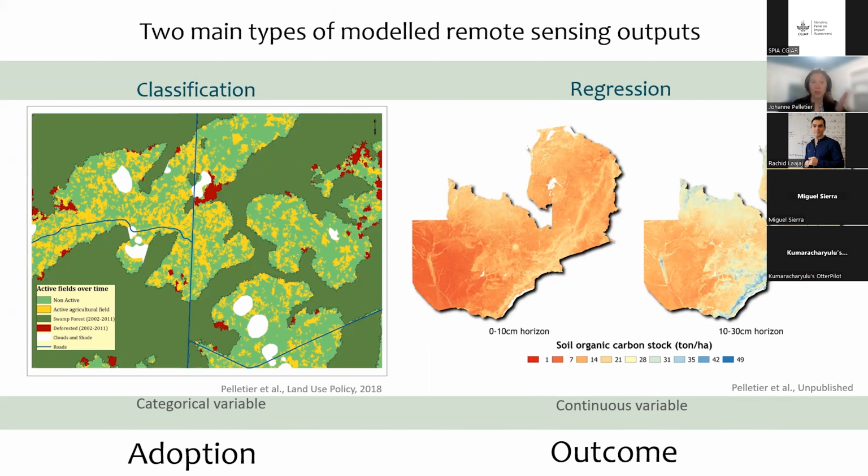You will use remote sensing images, and your output for adoption will be a map with adoption, non-adoption. That's often the type of product you will be generating. There are also continuous maps that are made through regression. For example, this is the amount of soil organic carbon stock for Zambia. So it's a continuous variable. And most of the time that's going to be the main type of output when you're trying to measure outcomes.